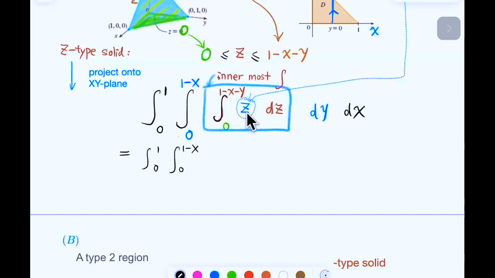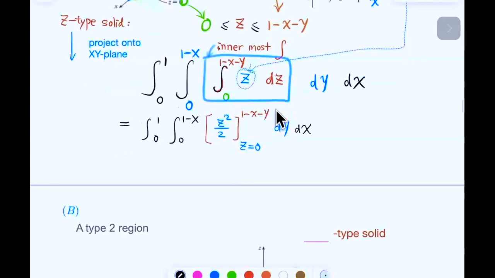What's the antiderivative of z with respect to z? z squared over 2. Good. So you have z squared over 2, with z going from 0 to 1 minus x minus y, and then dy dx.